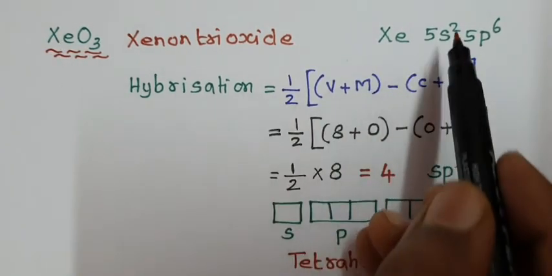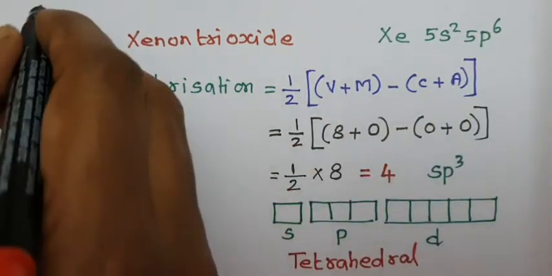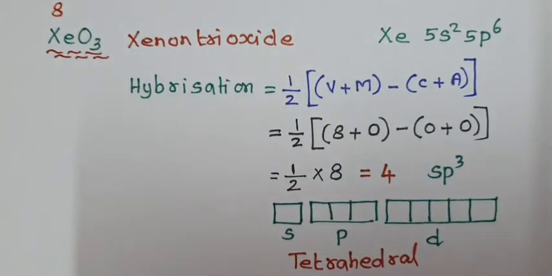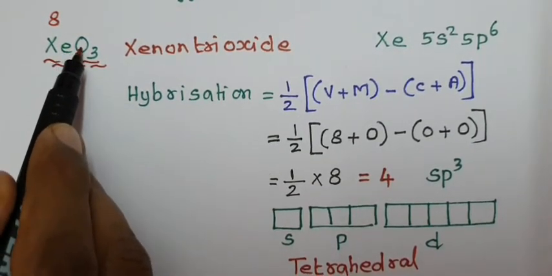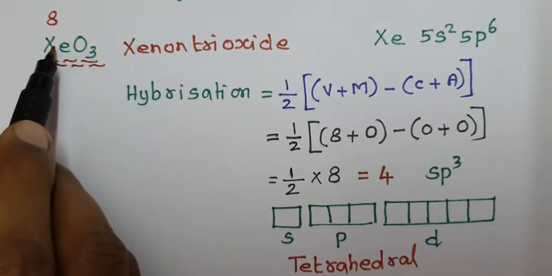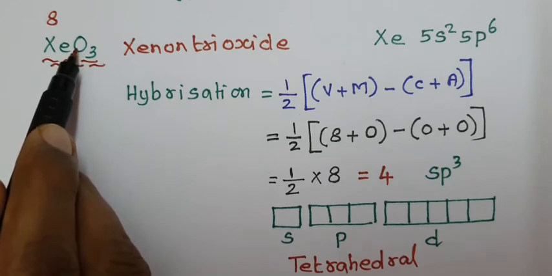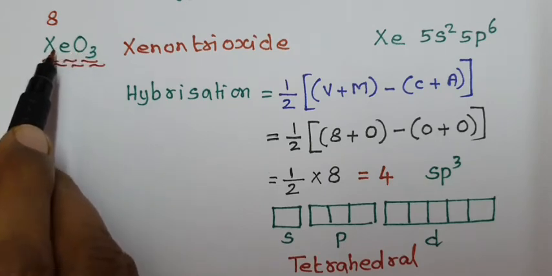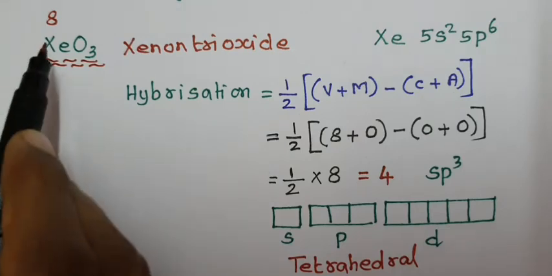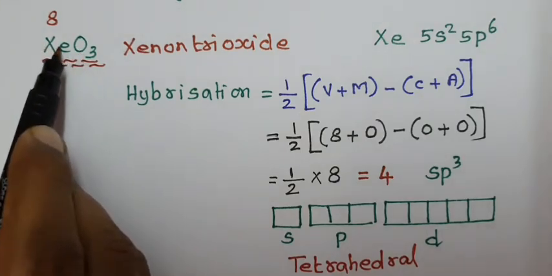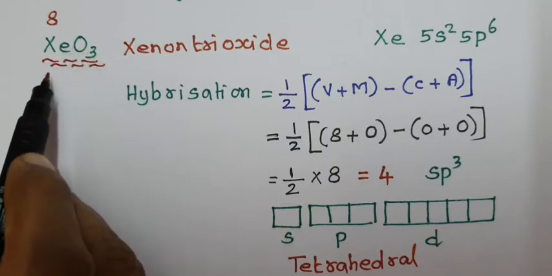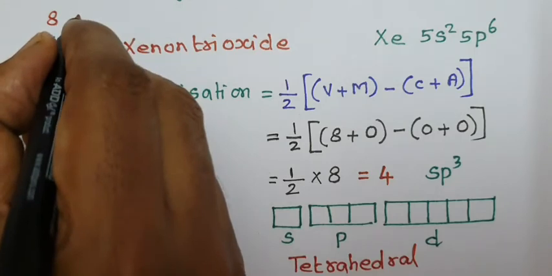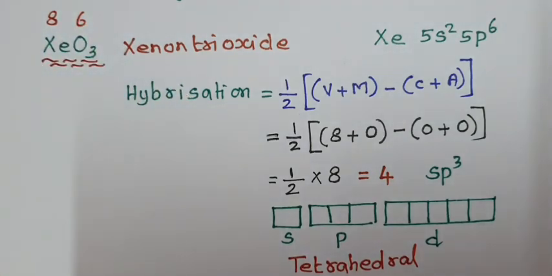Xenon's outermost valence shell contains 8 electrons. Oxygen is bivalent. One oxygen forms 2 bonds with xenon. Therefore, 3 oxygens form 6 bonds with xenon. Therefore, xenon shares 6 electrons with the oxygen atoms.